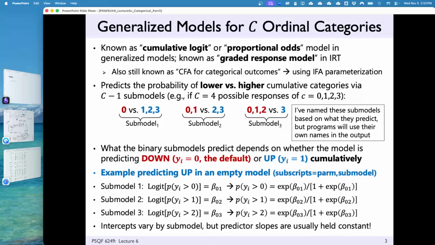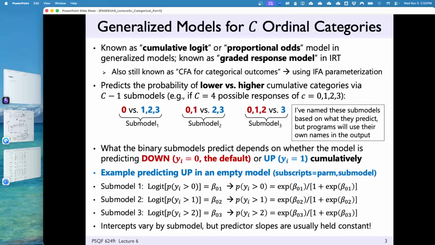We'll just code them in the computer 0, 1, 2, 3. Let's further assume they're ordered, meaning a 3 means you are endorsing the item more than a 0. Do you see the difference? It could be different if you said these are nominal categories. So this is like a Likert scale. Likert type items are definitely ordered, right? Strongly disagree to strongly agree. I'm making a distinction because other models don't assume the ordering. So we have to assume ordering for this to be the case.